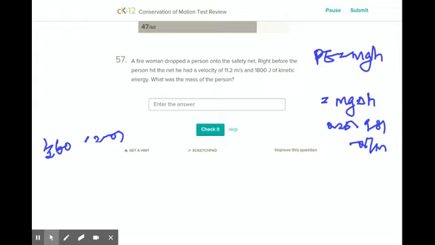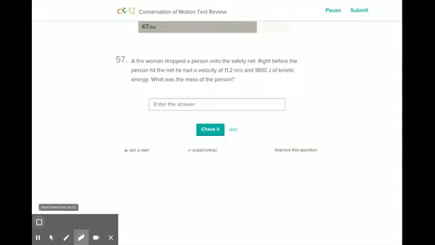A firewoman dropped a person onto the safety net. Right before the person hit the net, he had a velocity of 11.2 meters per second and 1,800 joule of kinetic energy. What was the mass of the person? So it is a kinetic energy problem.